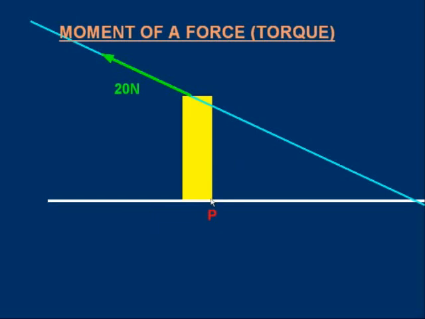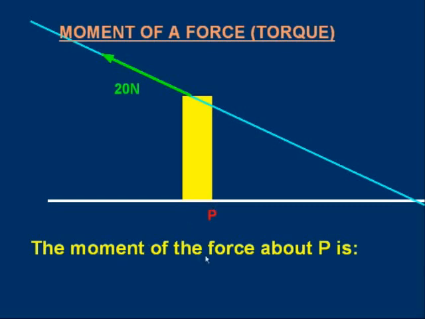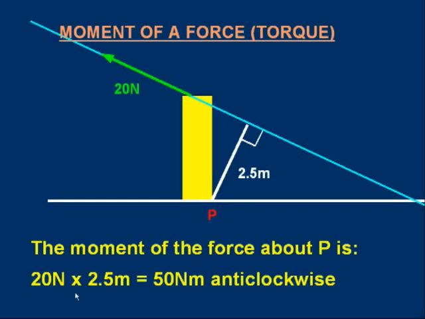You know that from your geometry. The moment about P is, that's the line we want. I didn't measure it, I just assumed it is 2.5 meters. So the moment is simply 20 Newton times 2.5 meters, force times distance, which gives me 50 Newton meter anti-clockwise.